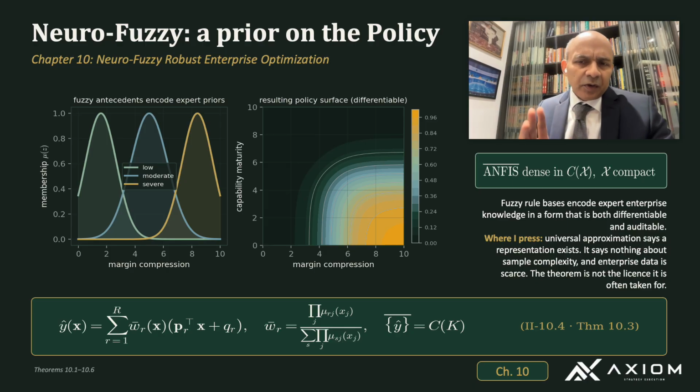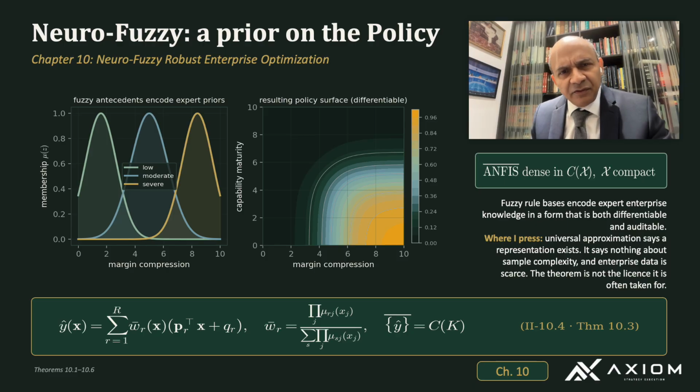Any continuous enterprise decision rule can be approximated arbitrarily closely by a sufficiently rich neurofuzzy system. Theorem 10.4 gives neurofuzzy robustness. A neurofuzzy enterprise policy can guarantee constraint satisfaction for all uncertainty realizations above a chosen possibility threshold, while stronger robustness shrinks the feasible set and typically reduces attainable objective value.